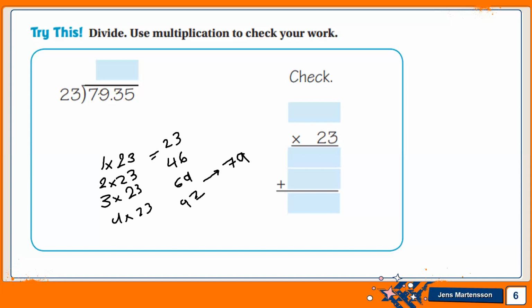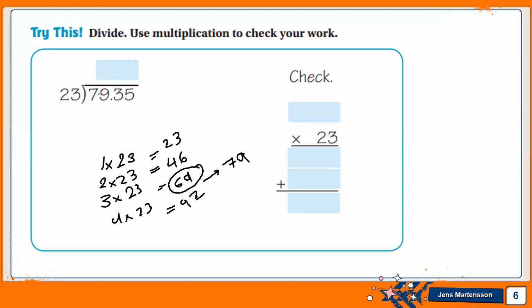Now, next. The second thing. What is the number that is less than 79? Is it 69 or 92? 69.